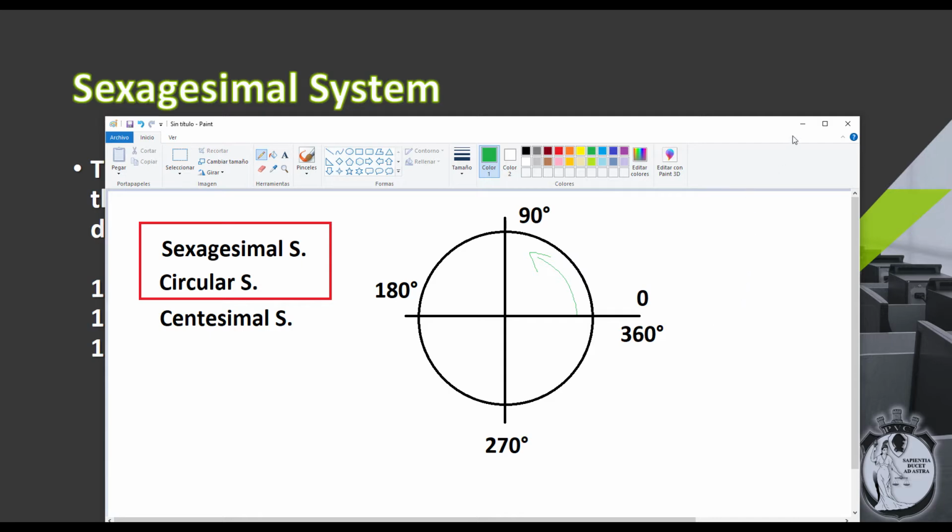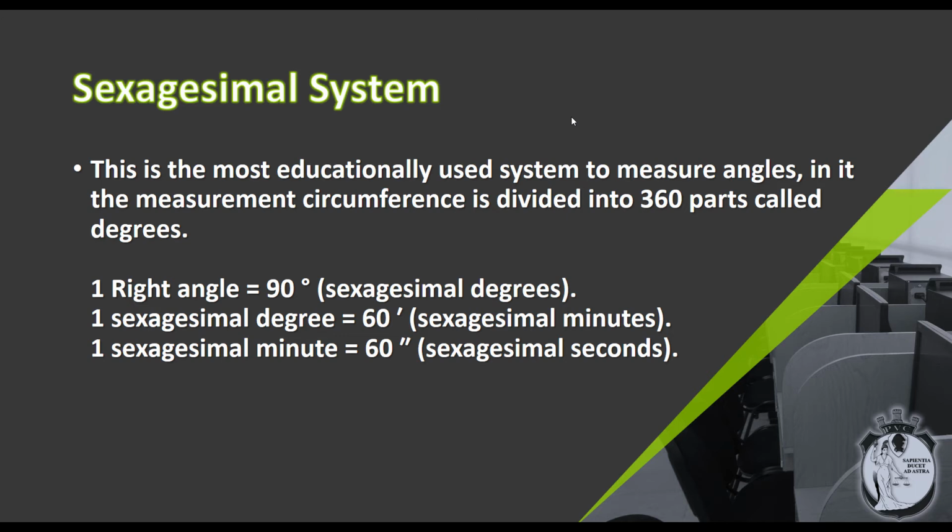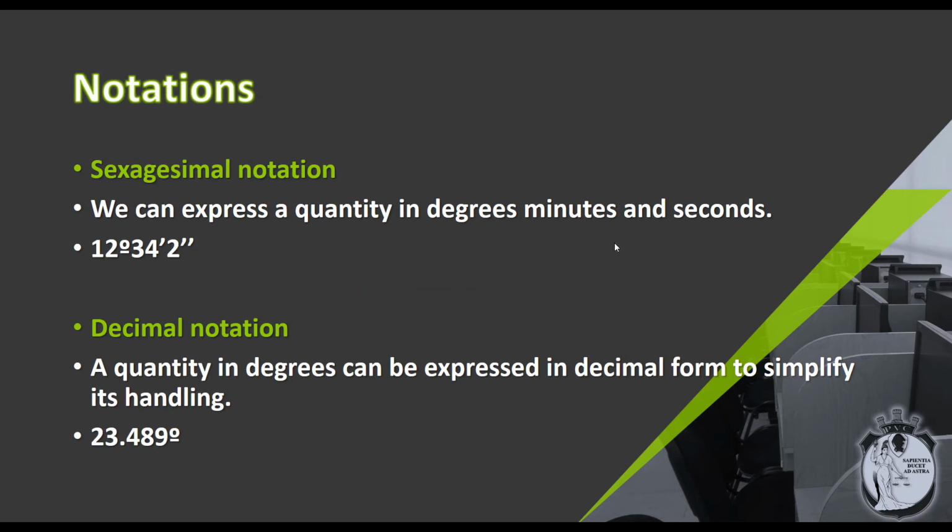But there exist two notations for that system. We are used to the decimal notation, something like 23.4089 degrees, which we understand easily, because we know that angle is like 23.5, almost a half degree.